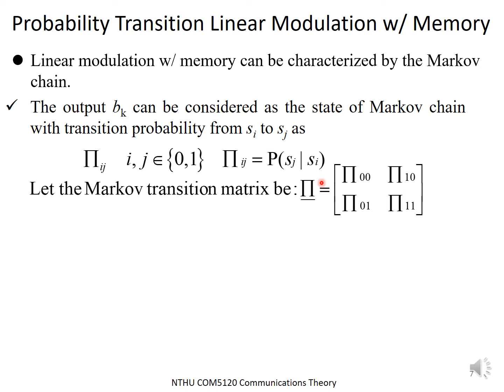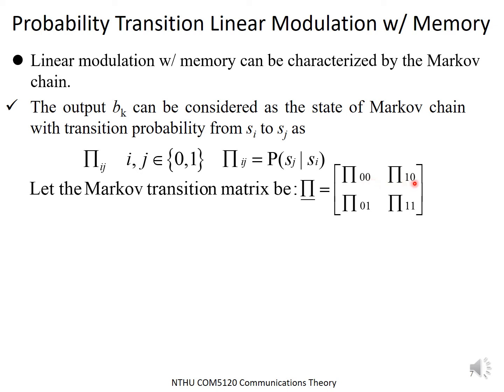Then with this, we can have the Markov transition matrix from all the possible transitions. That is pi_00, which means the previous state is 0 and the next state is 0, from state 0 to state 0.